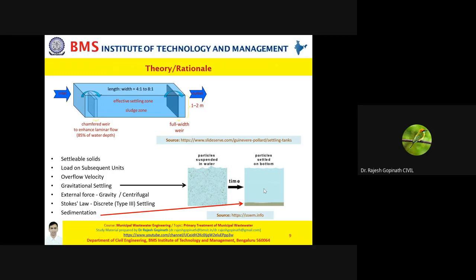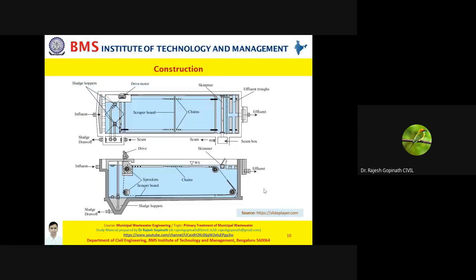With this basic information, let's move further to understand the construction aspect. As you can see here, you can see the plan view and the cross-sectional view. Now let's look at these keywords. You have your inlet section and your outlet section, that is, your influent is entering from the inlet section and your effluent is exiting from the outlet section.